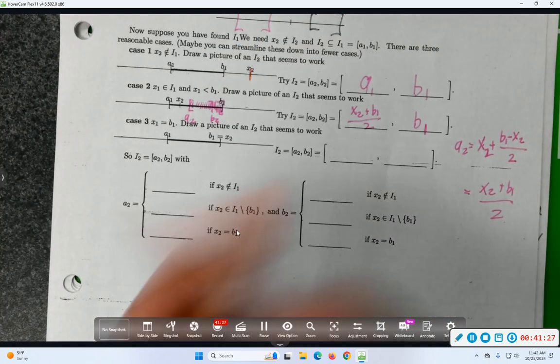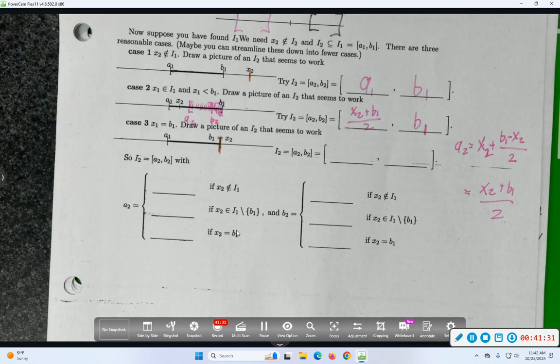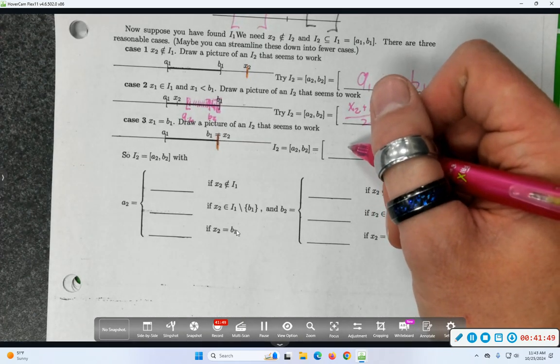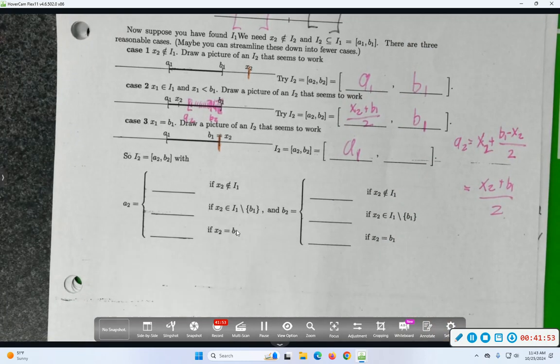If x2 is literally equal to b1, then what's a subinterval of that misses x2? Let's do the opposite. So what will A2 be then? Like that? What will B2 be?